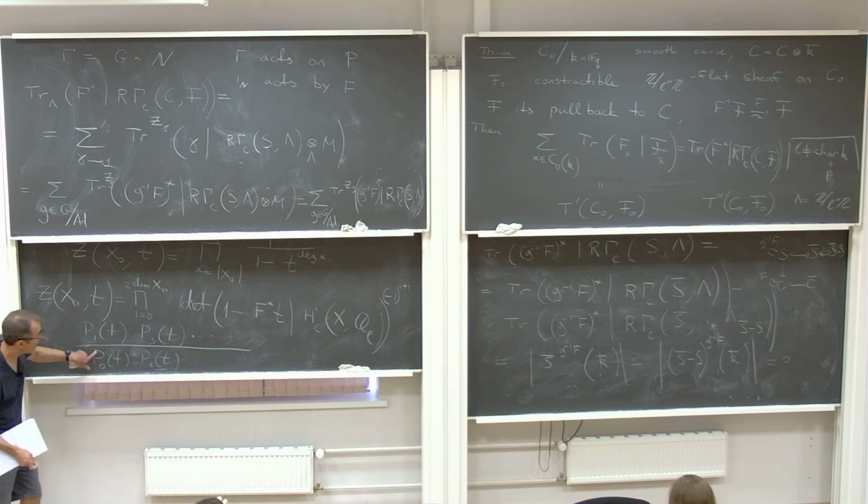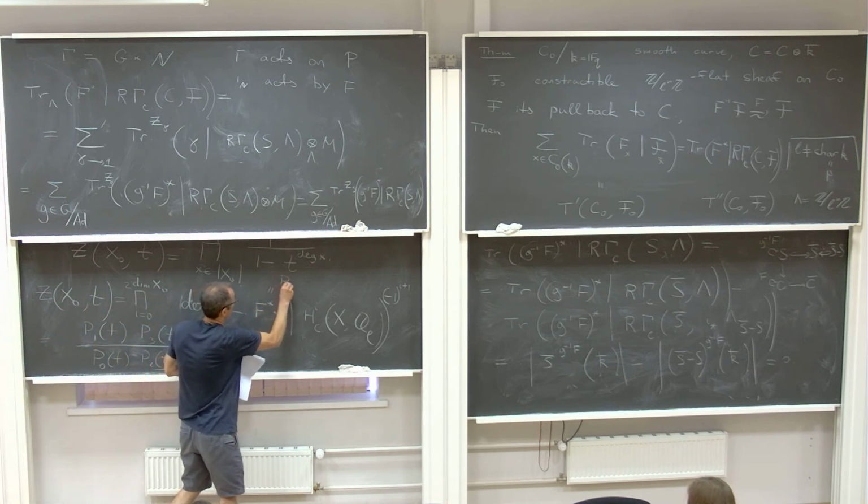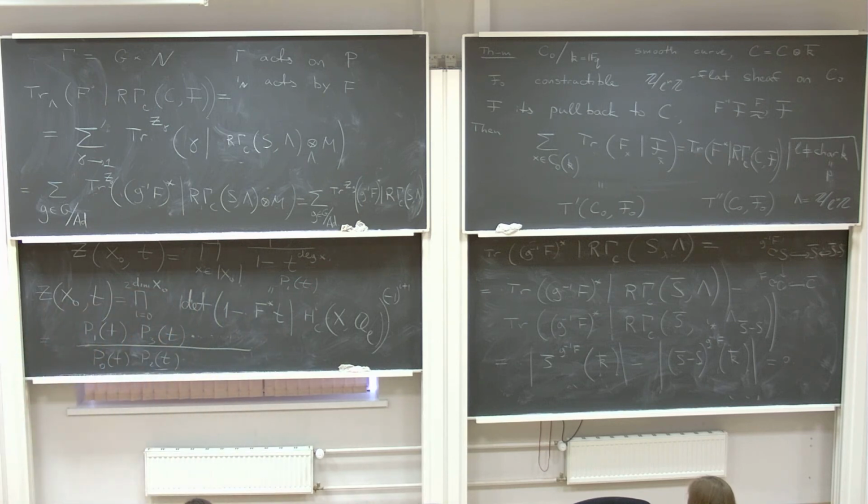So these Pi are these characteristic polynomials. That's what we proved. And in particular, that's a rational function.